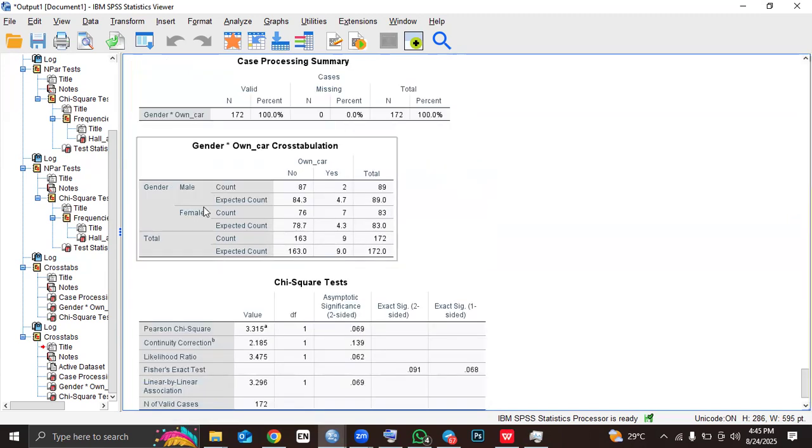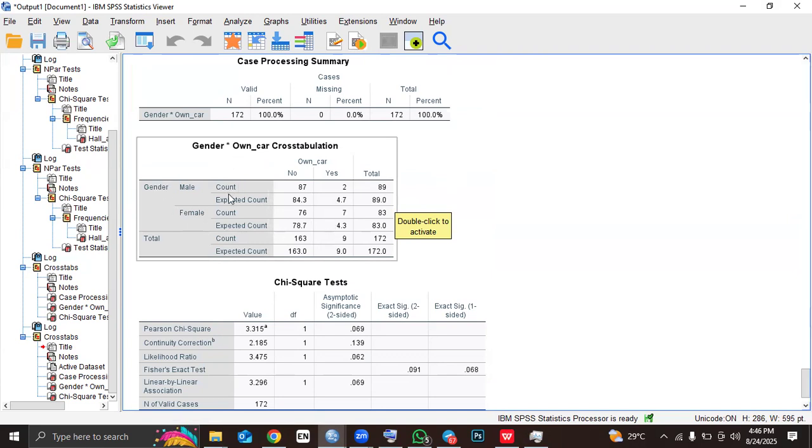Now, in our cross tabulation, we can see a cross tabulation of gender and own a car. These are the responses for all the people who do not own a car and all the people who own a car, crossed between the male and female categories.